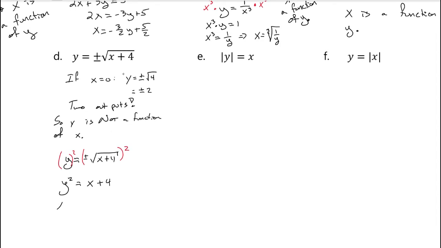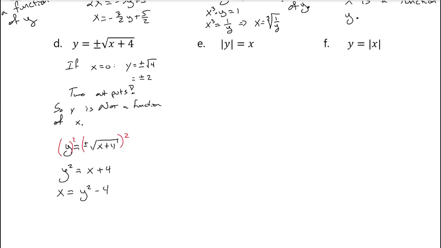And then I can isolate the x by subtracting the 4 to get x equals y squared minus 4. So here, if I plug in a y, I'll square it and then subtract 4, and I'll only get a single x value out. So by order of operations, x is a function of y. If we think of y as the input, there's only going to be a single x value for each y value, even though the other way it doesn't work.